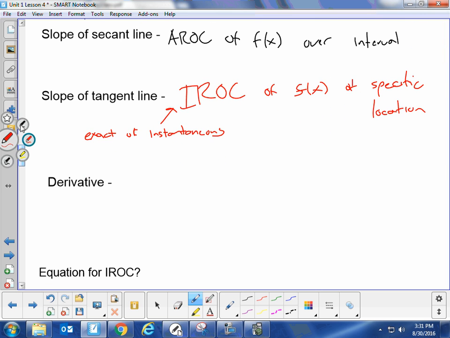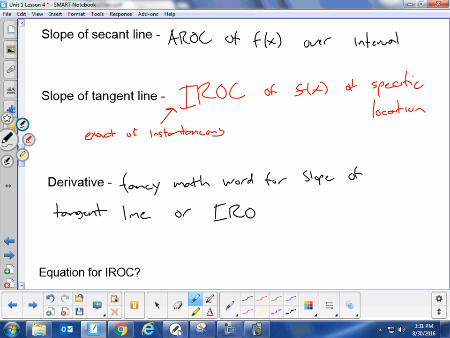A derivative is a fancy math word for the slope of a tangent line, or instantaneous rate of change of a function.